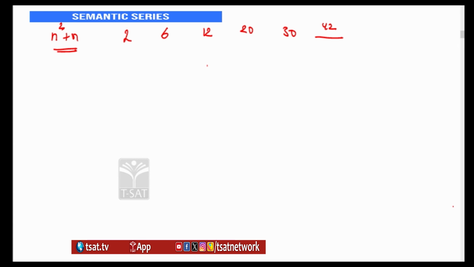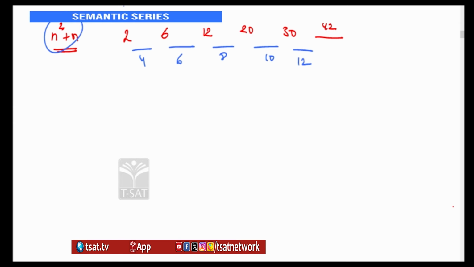I said that if you are unable to identify the pattern, the next step you can do is take the difference. What is the difference between 2 and 6? It is 4. Here the difference will be 6, here 8, here 10. So, even though you are unable to recognize the n square plus n pattern, if you take the difference, then obviously you can find out the answer.